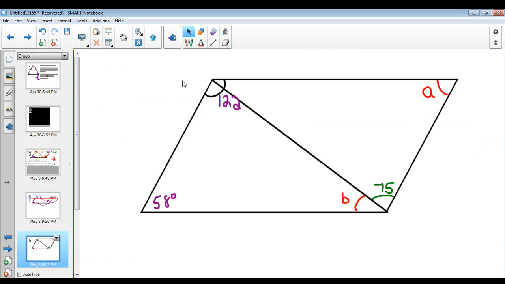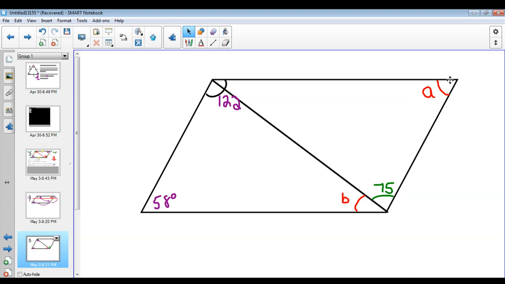Now here we have a different parallelogram, and I've inserted this line over here in the middle of the obtuse angle. And I give us that the acute angle is 58 degrees, and this entire angle up here measures 122 degrees. So that entire angle is 122 degrees.